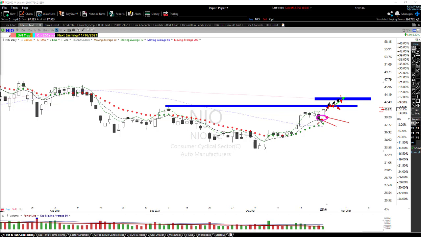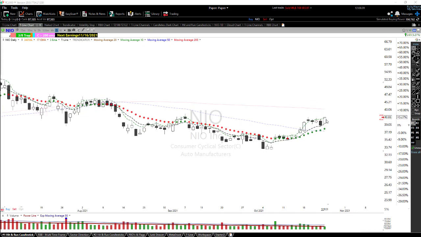Pretty simple, really. So that's kind of what I'm looking for. I just wanted to point out NIO. It popped up here on that scanner. Moving up, made another little high. It's trying to do it again. Yeah, it really is. Go, go, go. Okay.